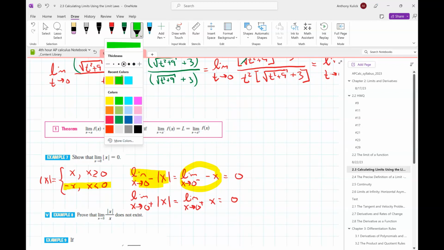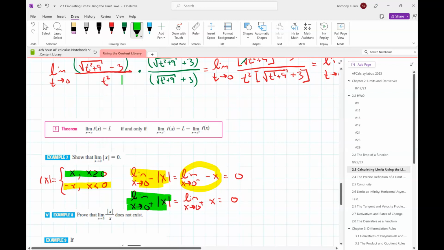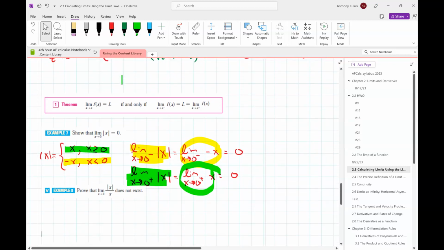Similarly, by looking at the right-hand limit, I'm limiting myself to this part of my piecewise function, which allows me to replace it with this, and again, now direct substitution is applicable because I have a polynomial.